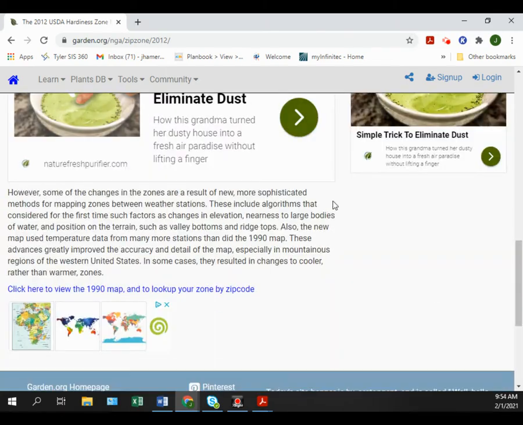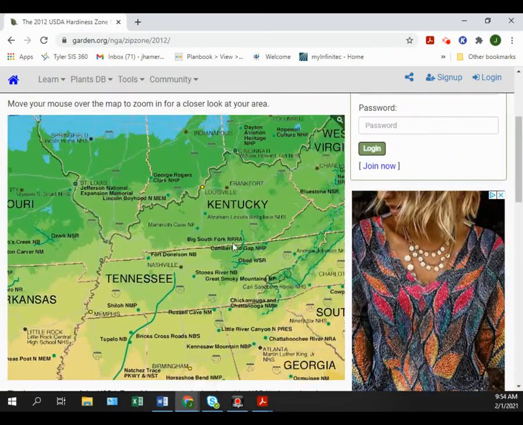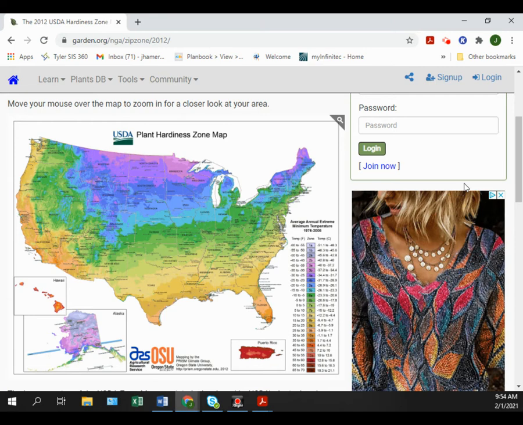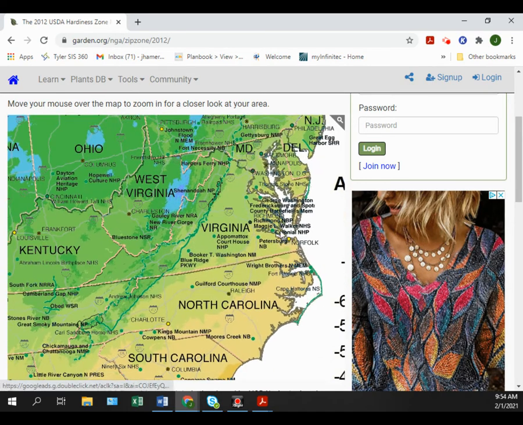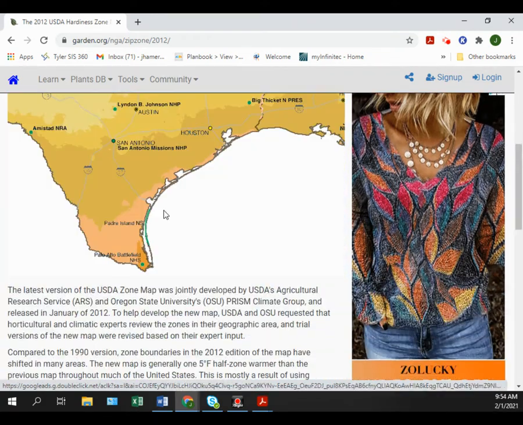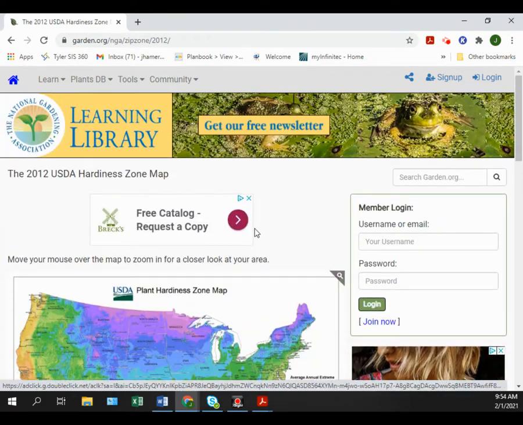Okay, so this is a hardiness zone map, and it's different ranges of temperatures that occur in those areas, and then they rate plants by those zones.